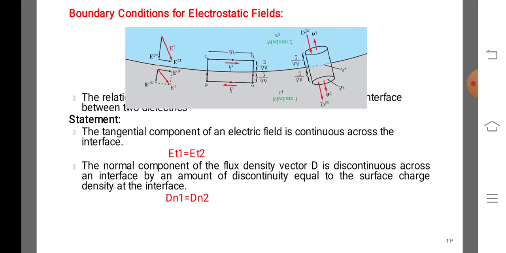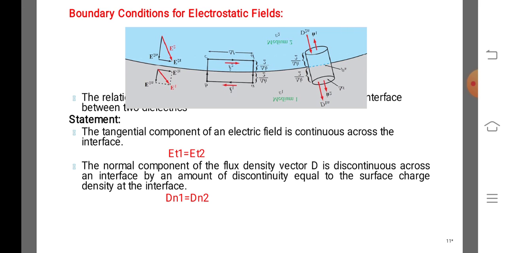Next, we consider the existence of an electric field in a homogeneous medium. If the field exists in a region consisting of two different media, the conditions that the field must satisfy at the interface separating the media are called boundary conditions.